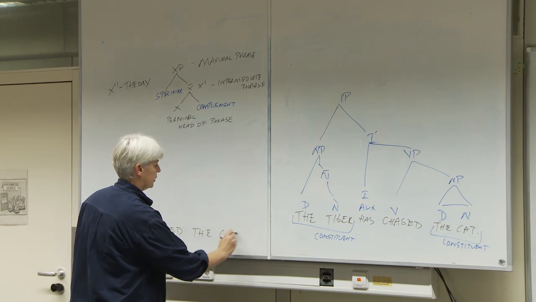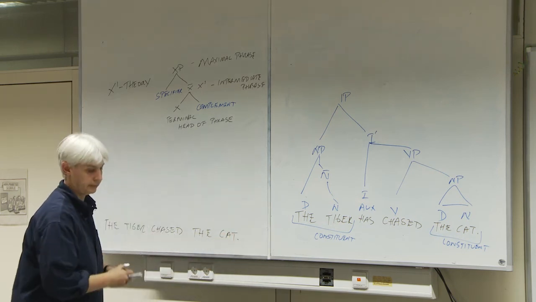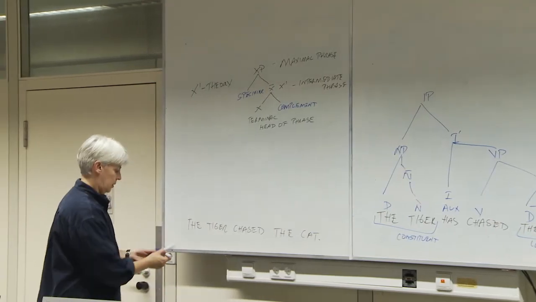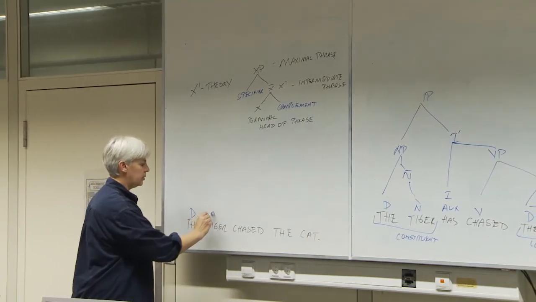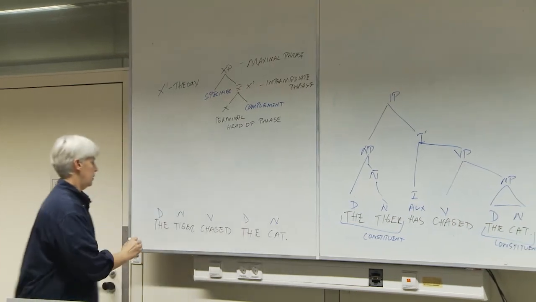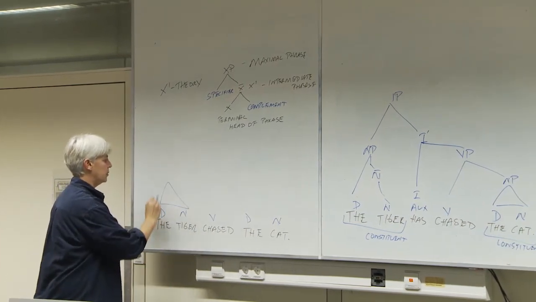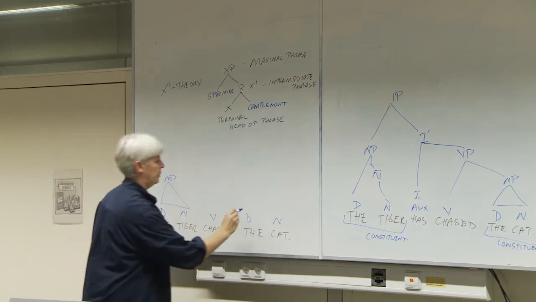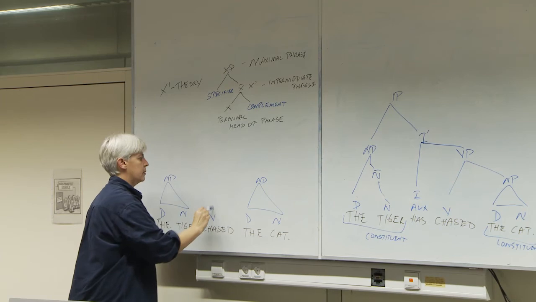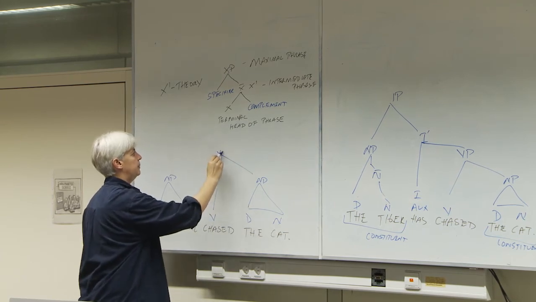What kind of tree will this get? Well, we have our usual thing: determiner, noun, verb, determiner, noun. We can abbreviate these into an NP. This will be VP.